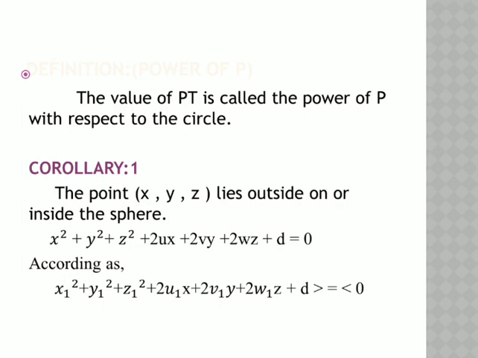If the point lies outside or inside, the general equation will become x1 square plus y1 square plus z1 square plus 2u x1 plus 2v y1 plus 2w z1 plus d greater than, equal to, or less than 0.